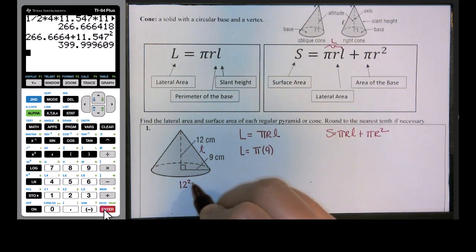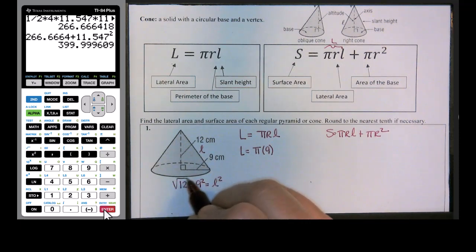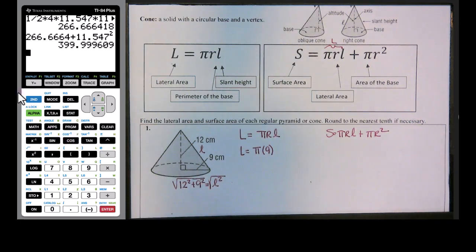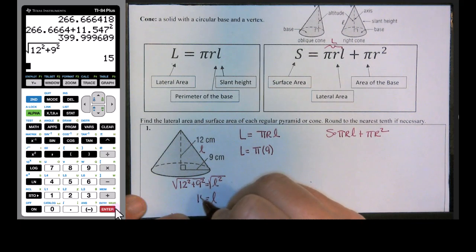This would be 12 squared plus 9 squared equals the slant height squared. We take the square root of both sides. So when we plug it in, we have the square root of 12 squared plus 9 squared, and we get the slant height to be 15.